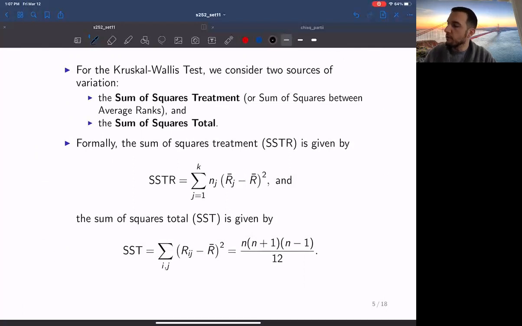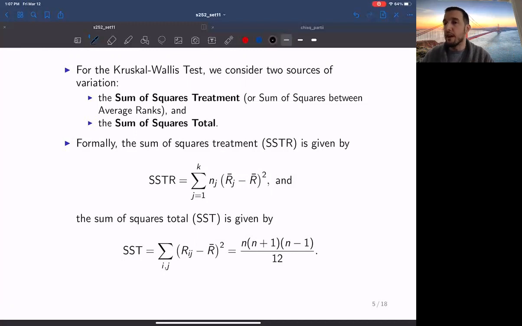You can see the sum of squares treatment has the same setup as any of the sum of squares treatment values that we've seen in the course. It's simply the squared difference between the average rank of each sample and the overall average rank. The sum of squares total is simply the squared difference between each rank and the overall average.